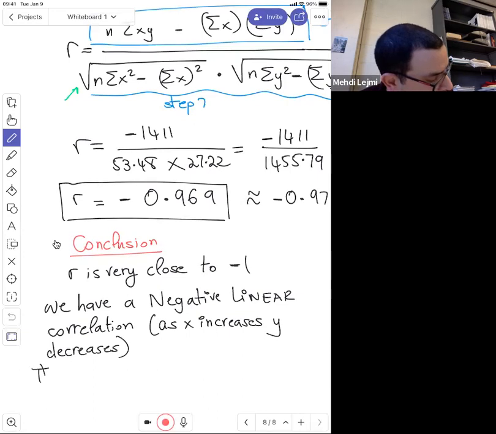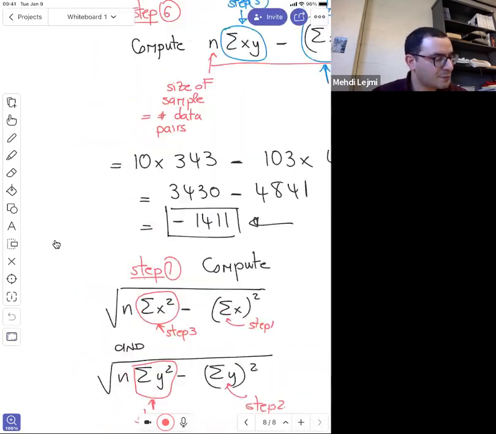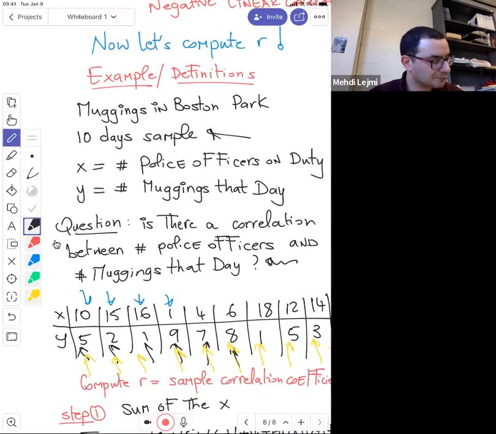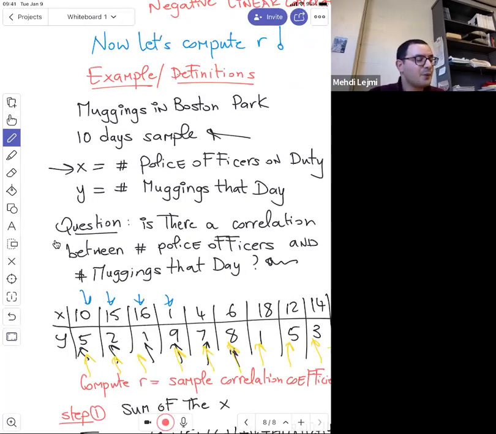So what's X? Remember, we said X is supposed to represent the number of police officers on duty, right? Y is supposed to represent the number of muggings. So what we are saying is, as X increases, Y decreases, Y goes down.